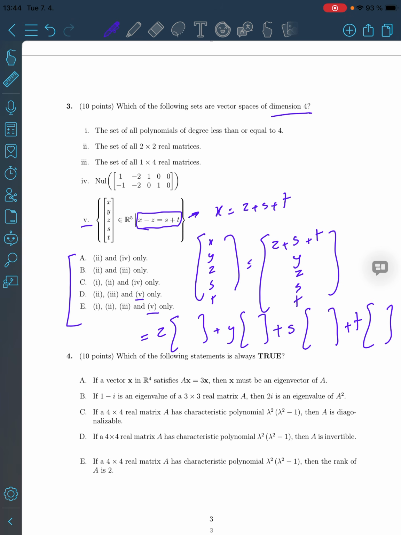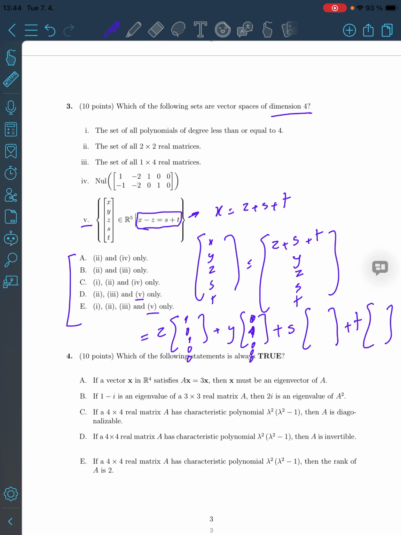For example, if you factor z, what you have is 1, 0, 1, 0, 1, and then 0 and 0. If you factor y, you have 0, 1, 0, 1, and then 0, 0, 0.